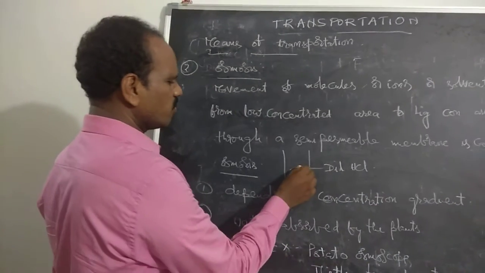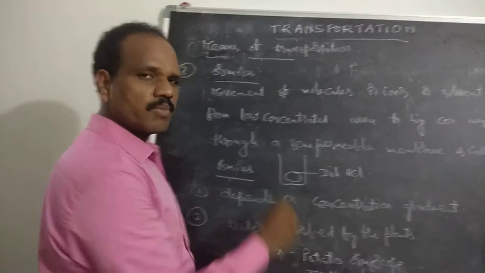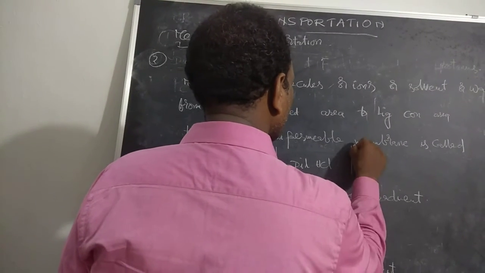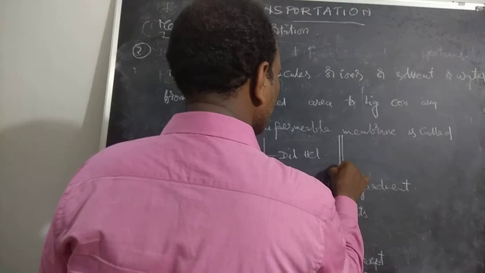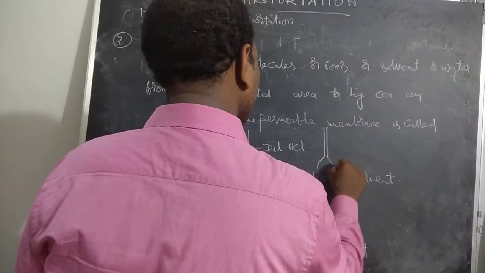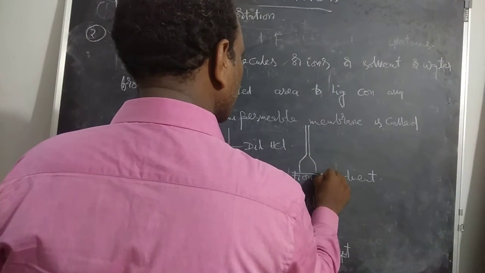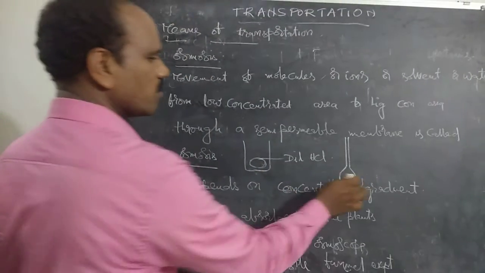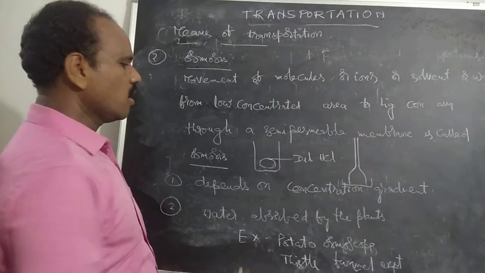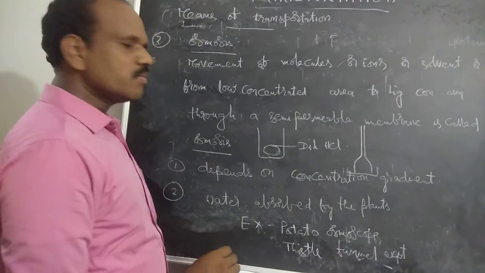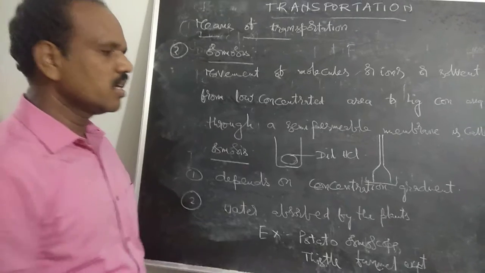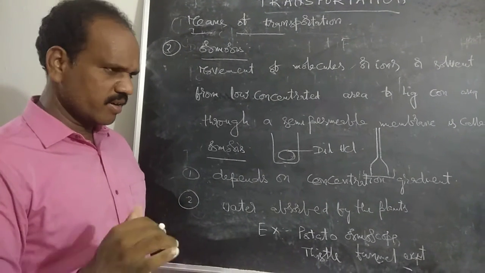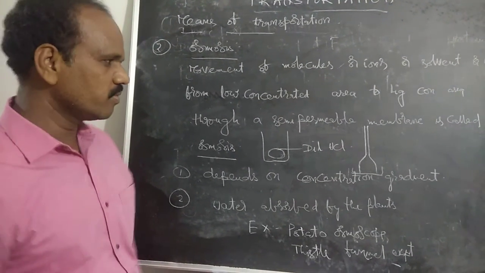This white colored membrane acts as a semi-permeable membrane. Take a thistle funnel. The bottom of the thistle funnel is widened. This widened part is covered with this egg membrane. Semi-permeable membrane means this membrane has the nature of deciding which substance should be allowed and which substance should not be allowed.